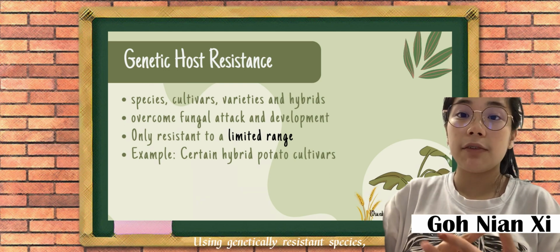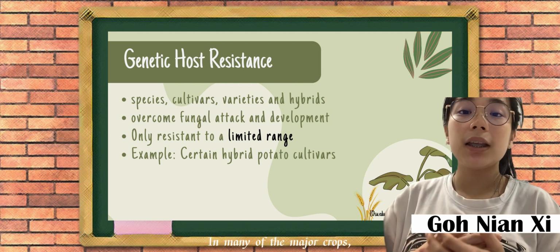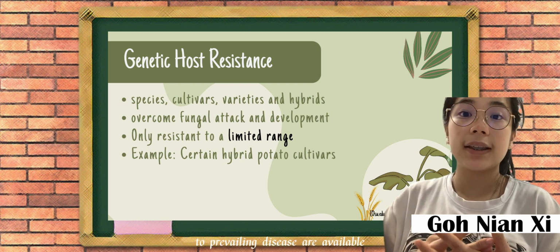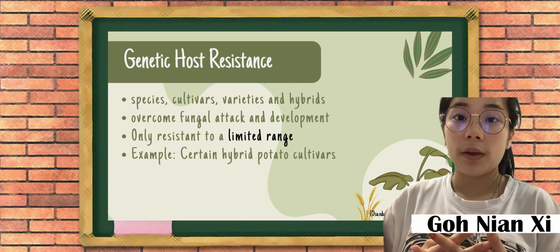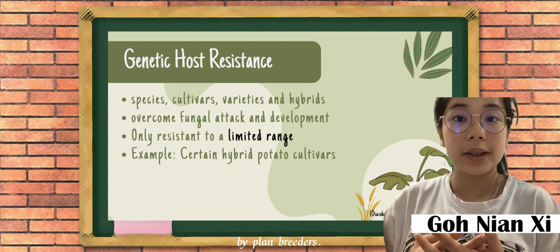Using genetically resistant species, cultivars, varieties, and hybrids. For many of the major crops, cultivars resistant to prevailing diseases are available and are continually being developed by plant breeders.